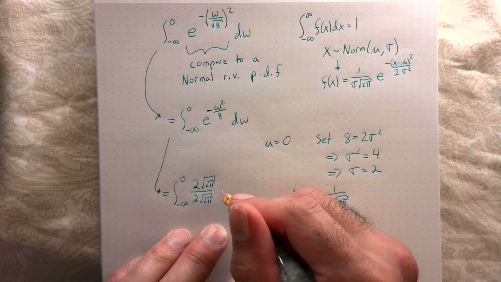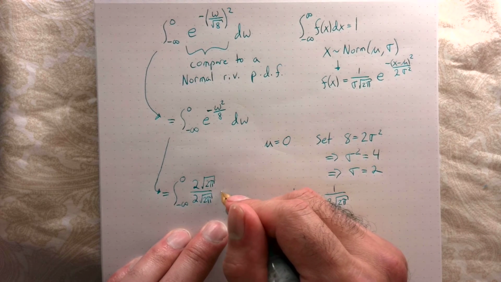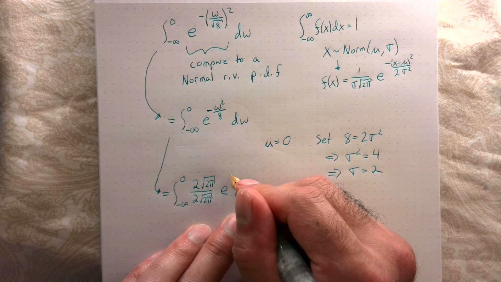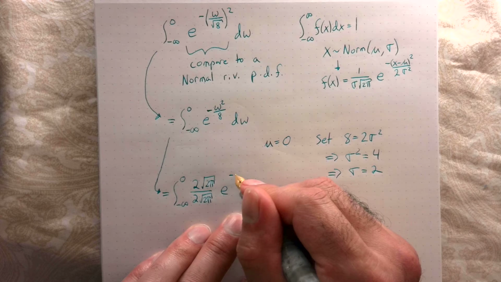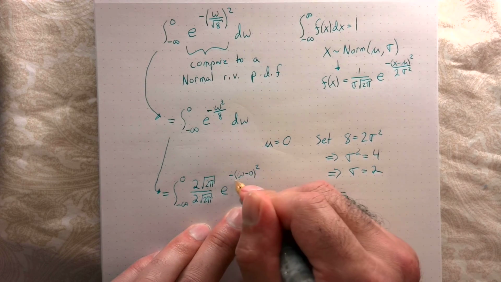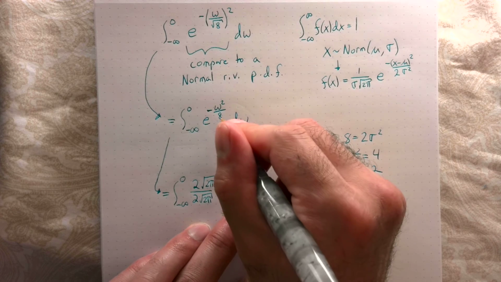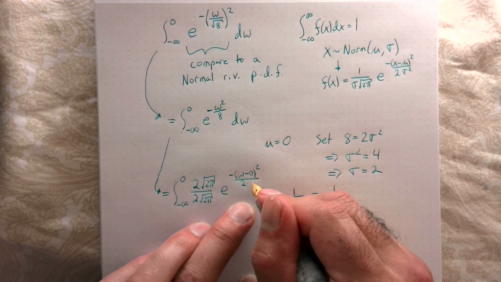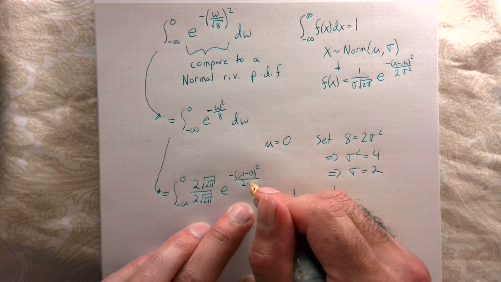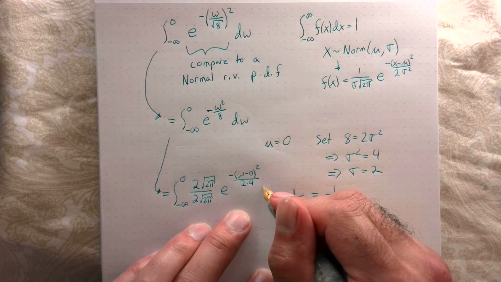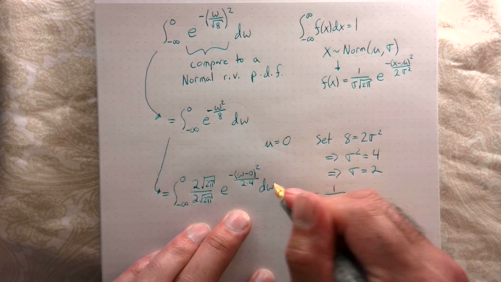That's how you think about this. And then this is e to the minus (w minus 0) squared over, so 8 is 2 times 4, and we're integrating with respect to w.